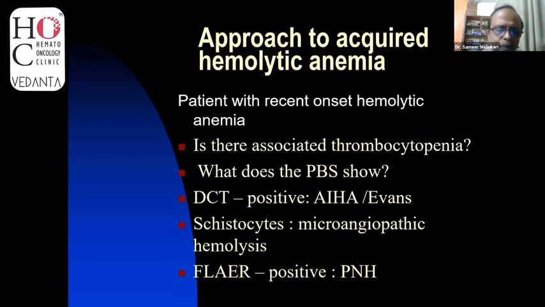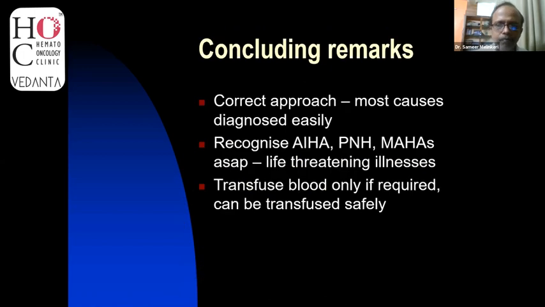And finally, if you don't see any of these features, it's a recent onset hemolysis, it's an adult, the PBS is not showing any characteristic features, but there is a reticulocytosis, and the DCT is also negative, then you start thinking of PNH, and then you do the flow test for CD55, CD59 and diagnose PNH. So this is a broad and simple approach to acquired hemolytic anemia.